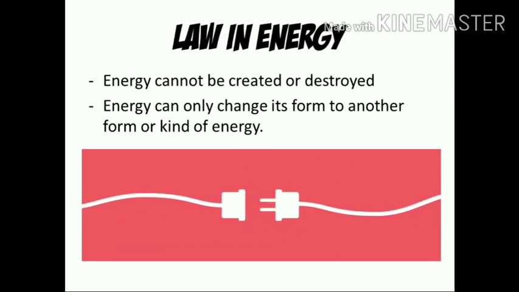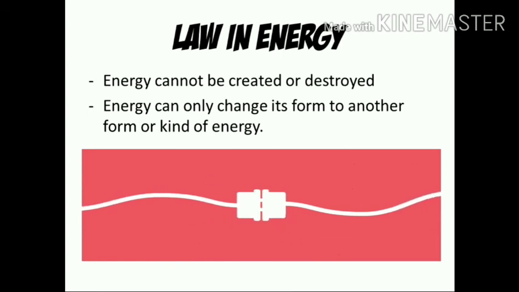With that chemical energy, our battery gets charged. So, the electrical energy is transferred to the cellphone, and then the cellphone will operate. Once the cellphone operates, it has a charge.